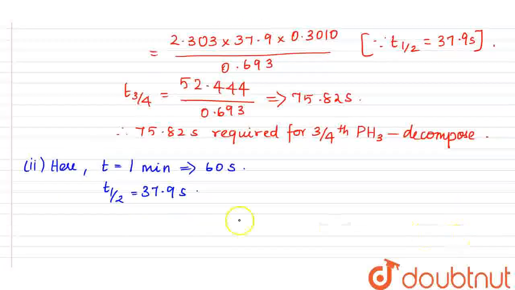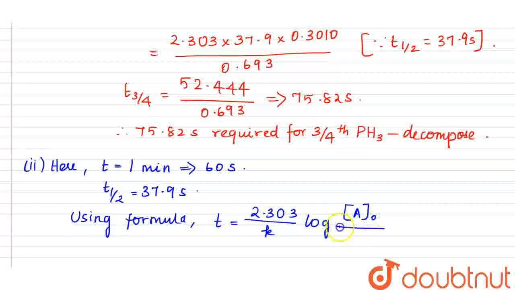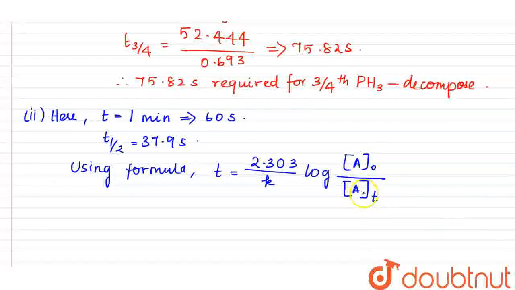So using the formula, we can write T is equal to 2.303 divided by K log of A0 divided by AT. So that is the initial concentration divided by the concentration after time T. So here let us substitute.